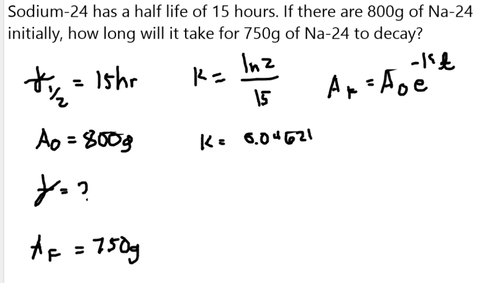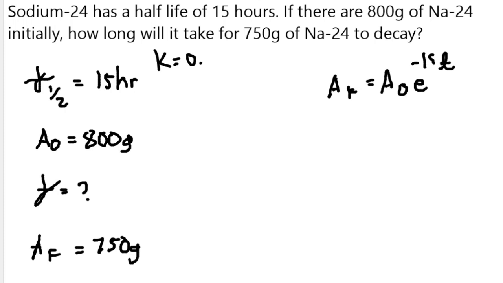But before all of that, let's solve it using algebra. Let me delete all of this and manipulate our equation. Let's write our rate constant here: 0.04621. Now let's manipulate our equation. What I can do here is divide both sides by A sub 0.